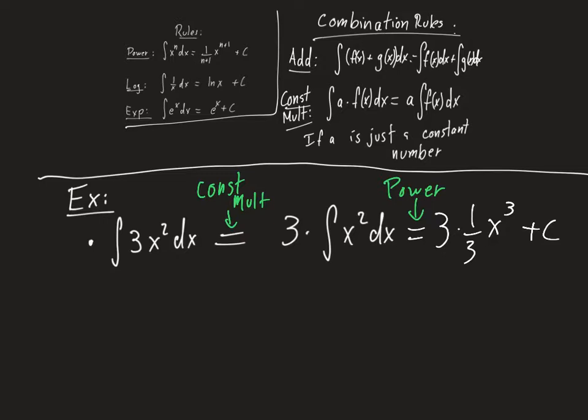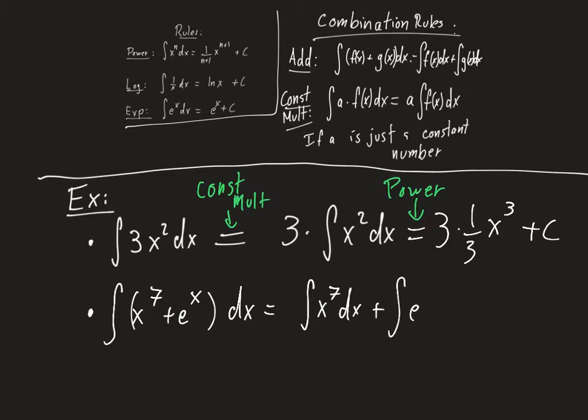Okay, another example. Let's do the integral of x to the 7th plus e to the x dx. This is going to be equal to the integral of x to the 7th dx plus the integral of e to the x dx. And we know this by the addition rule.